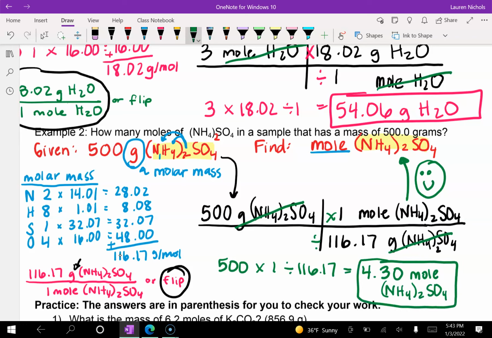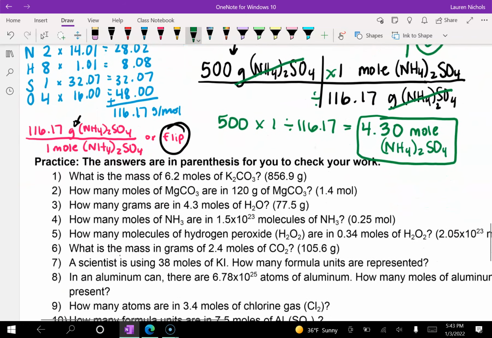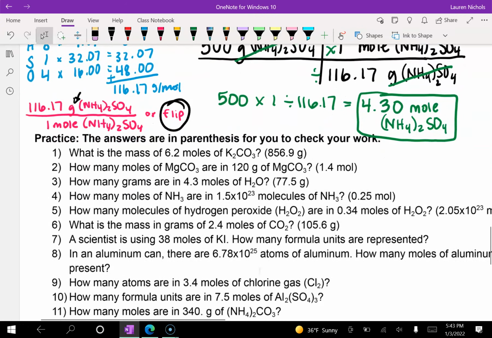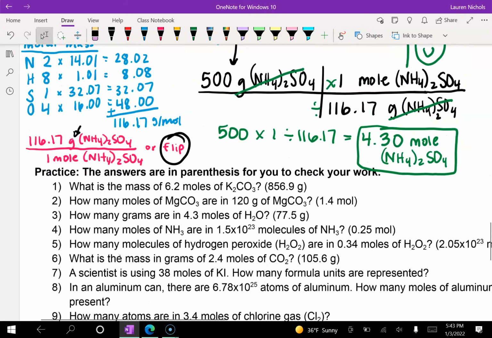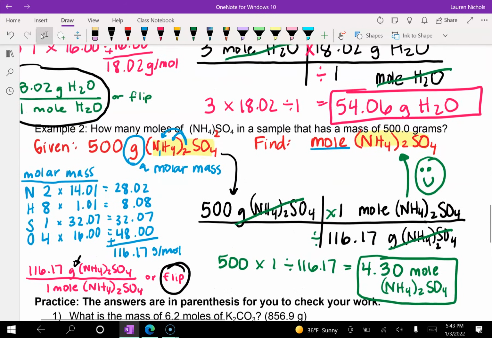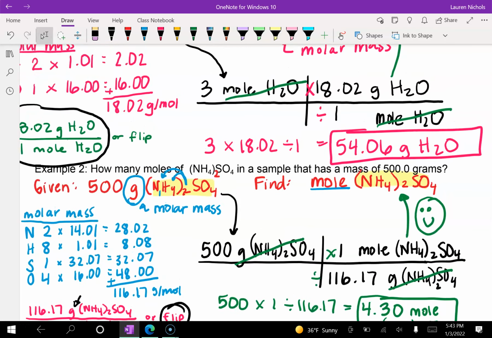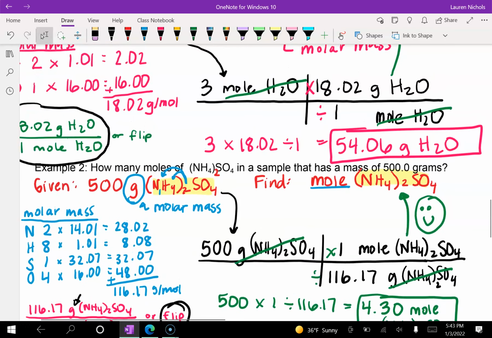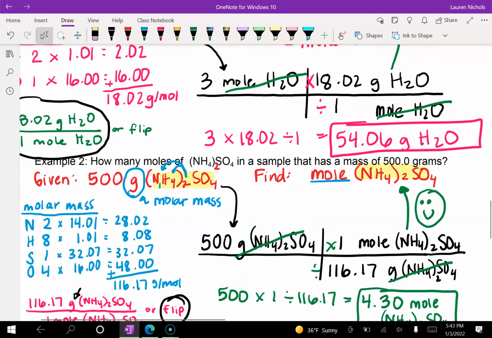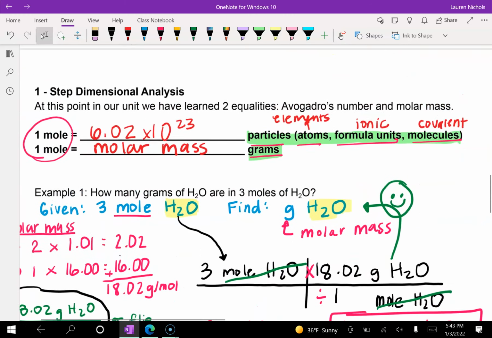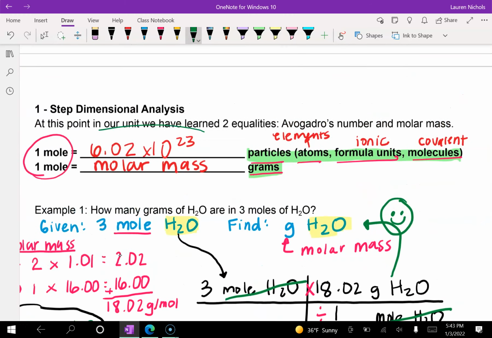So you should be able to use these examples to help you calculate these practice problems. But notice, these examples were just using molar mass, because in our previous lesson, we learned about using Avogadro's number. So each time you're going to need to check: do I need Avogadro's number or do I need molar mass?